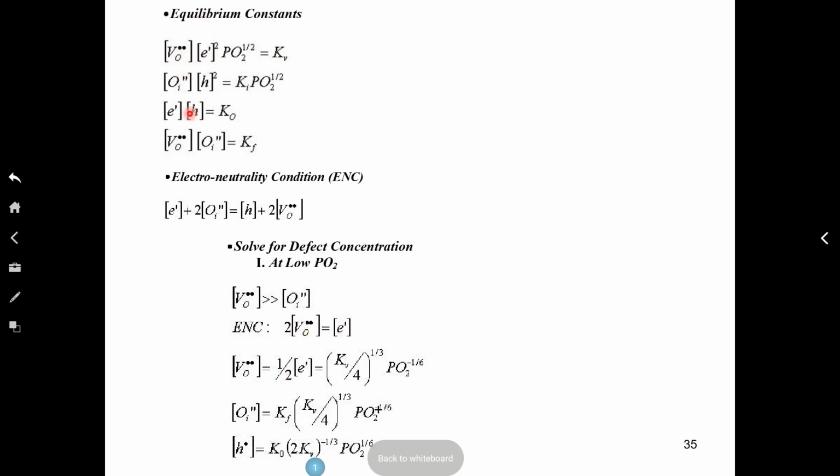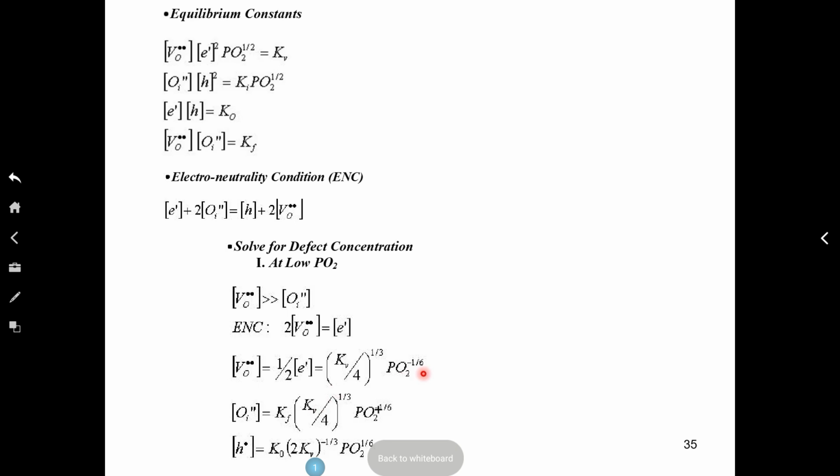Going through each of these, the solution will give you that oxygen vacancy concentration will change in a very, very predictable manner. You go to the intermediate region, and as you change your condition in that region, your oxygen vacancy concentration will go down as PO2 to the exponent of negative 1/6.